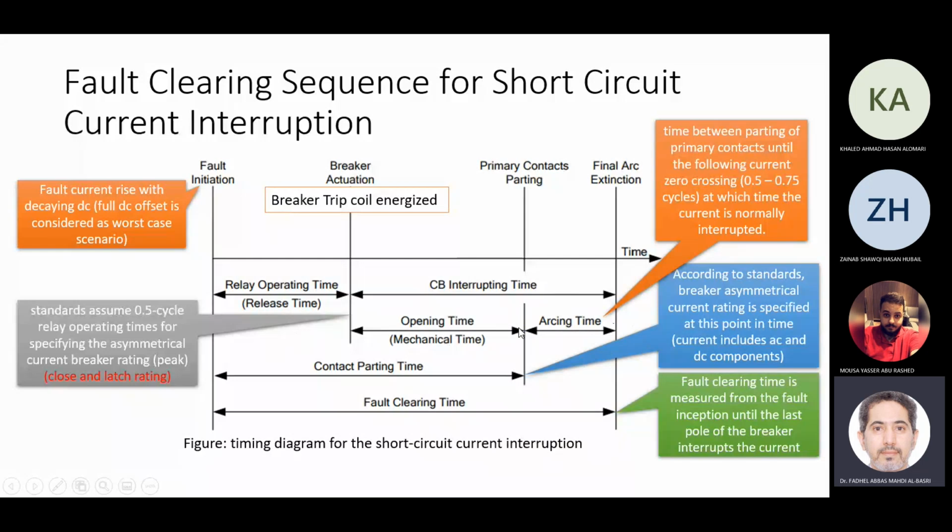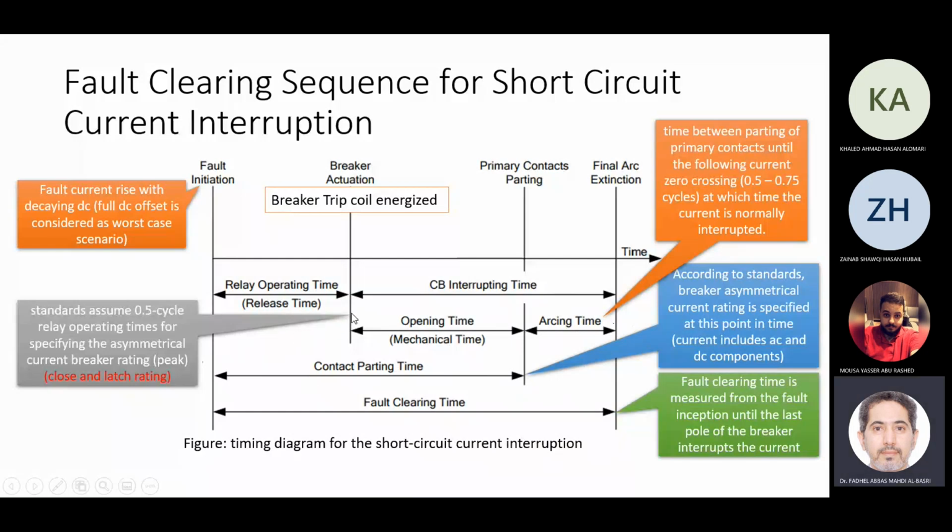So this is an important point that you have to know, and we call this time from the initiation of the fault to that point the contact parting time, right? So we always rate circuit breakers when they open during faults, based on their contact parting time.